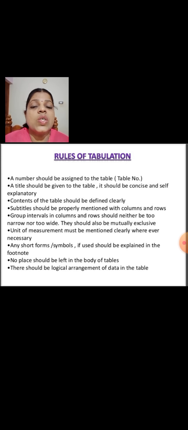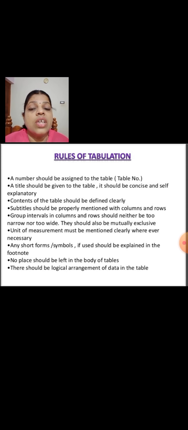The next one is, the unit of measurement must be mentioned clearly wherever necessary. We know that certain units are there for all measurements, so we should mention the units for such specific measurements clearly wherever required.